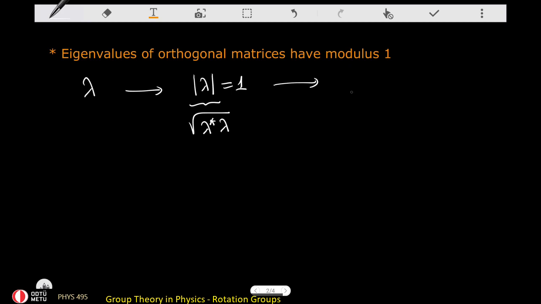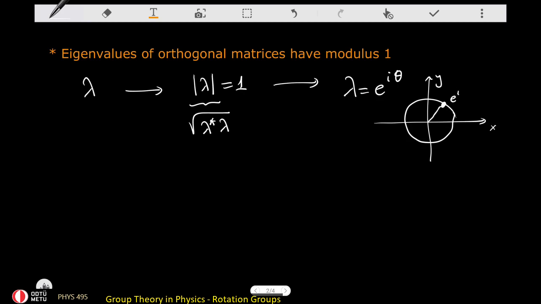In any case, this implies that lambda is a number on the unit circle. On the complex plane, we have this unit circle, with the real and imaginary parts of the complex numbers on the axes. So this is a complex number on that unit circle.